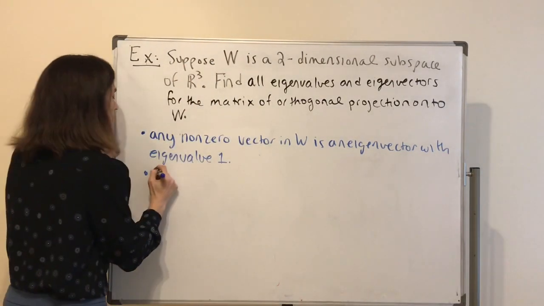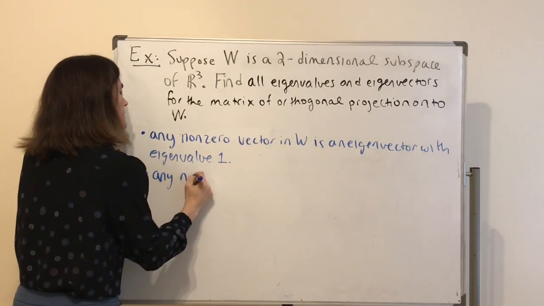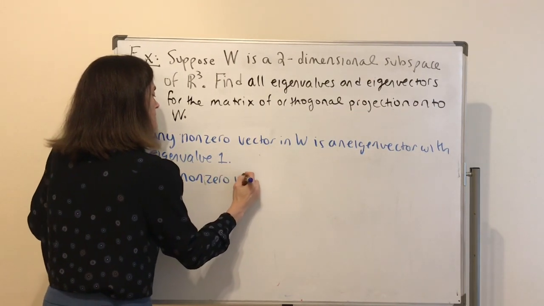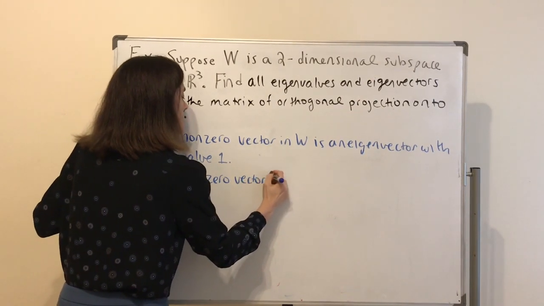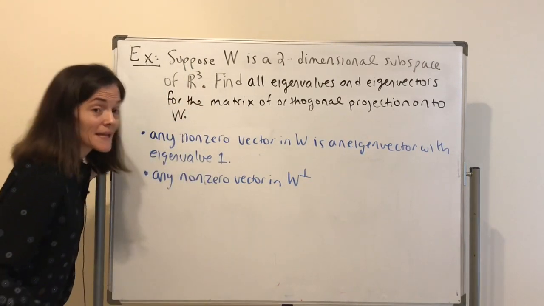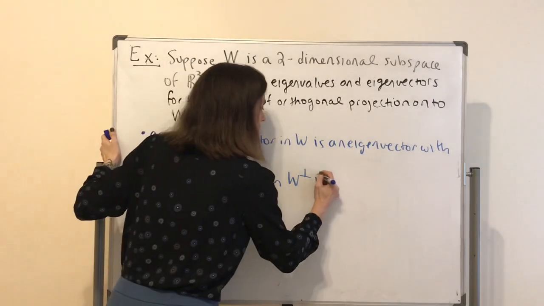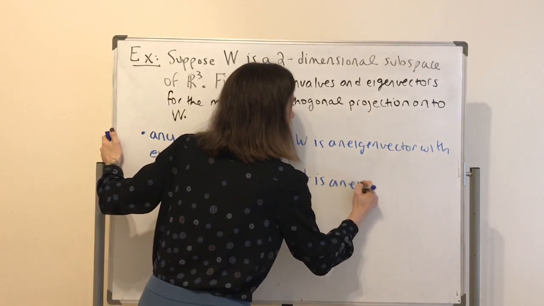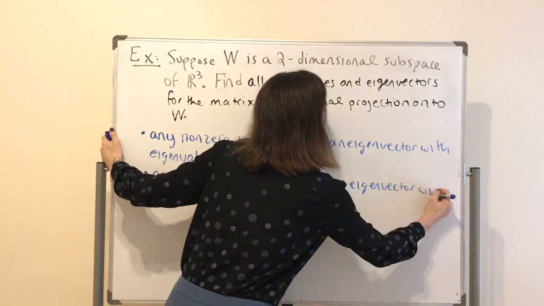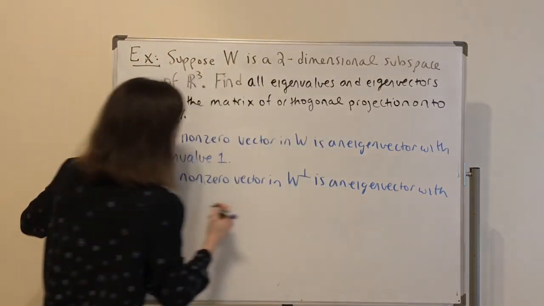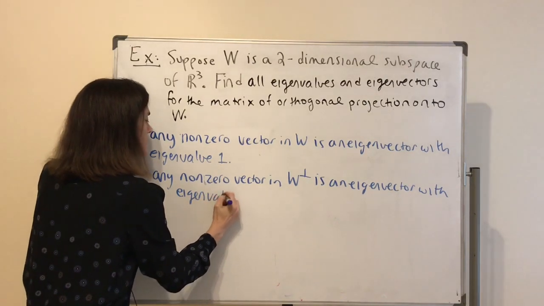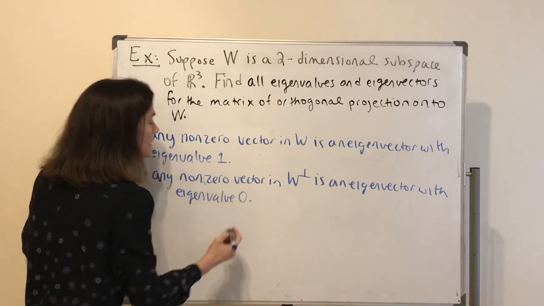Okay, so any non-zero vector in the orthogonal complement, W perp, is an eigenvector with eigenvalue 0. Eigenvalues can certainly be 0, no problem.